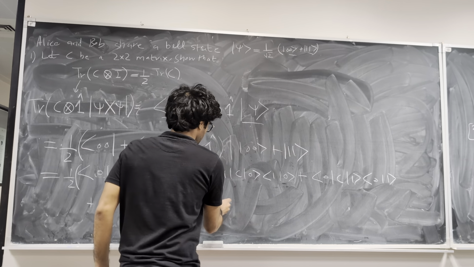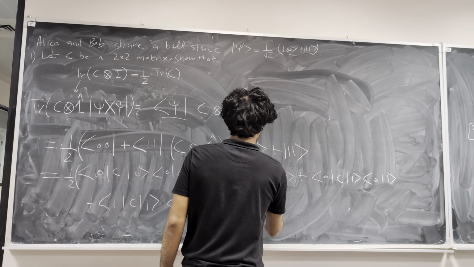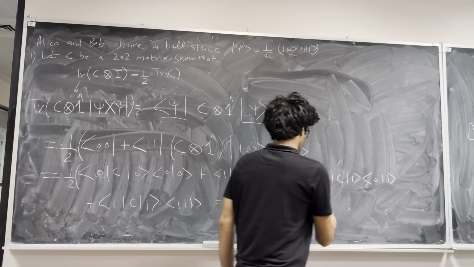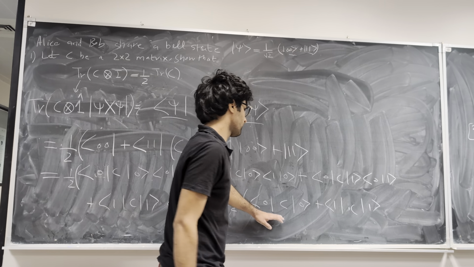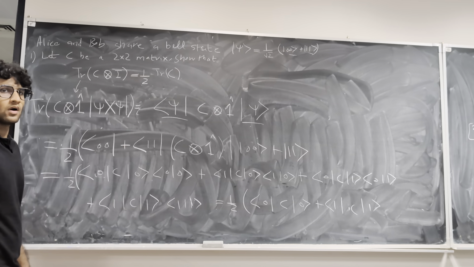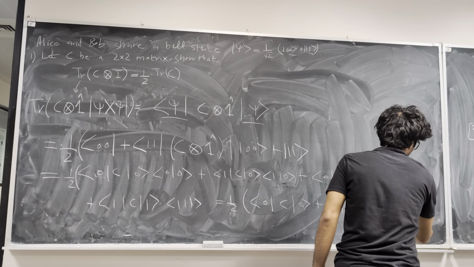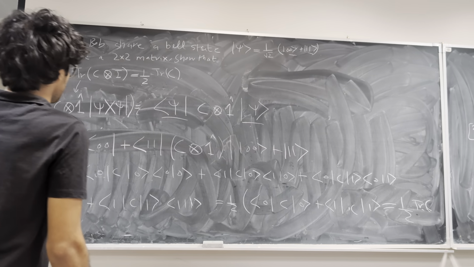So I get 1 by 2, 0 C 0 plus 1 C 1. What is this? Just the entry at 0 0 and the C entry at 1 1. Yeah, it's trace of C. Very good. So this is our trace of C. This is just expanded, and there are just two basis vectors, so 0 and 1. Make sense? Okay, good.